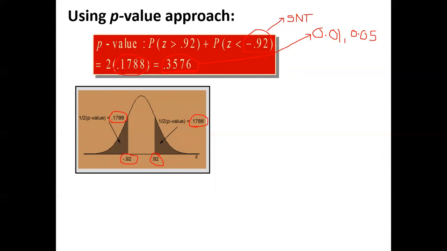The cutoff point for significance is when p is less than 0.01 or 0.05. Now we get the p-value of 0.35, which is greater than 0.01 and 0.05.